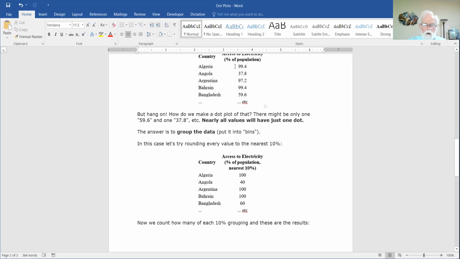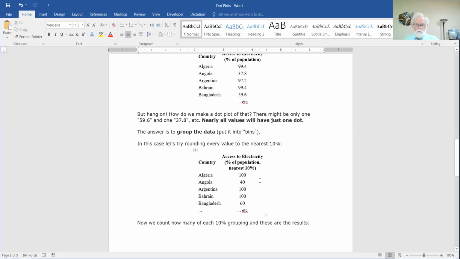And our vertical scale here can be anywhere up to 100 with lots of data points in between whole numbers. So we put them into groups, and we look at access again as a percent of the population to the nearest 10%. So we see Algeria was listed at 99.4.